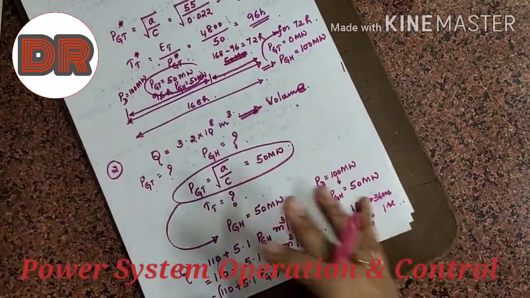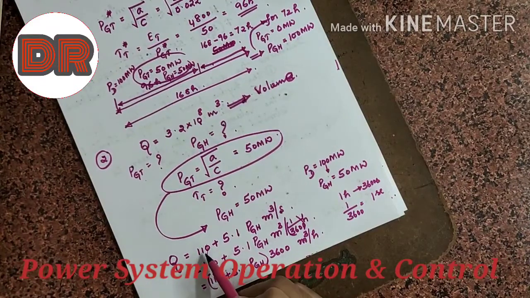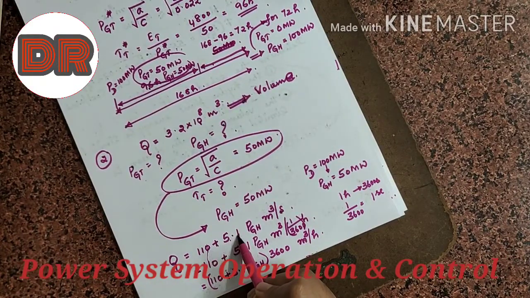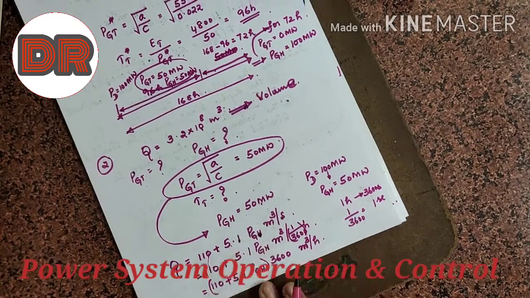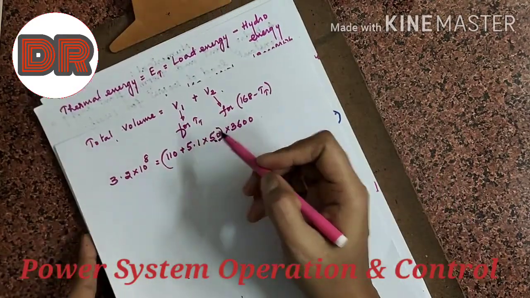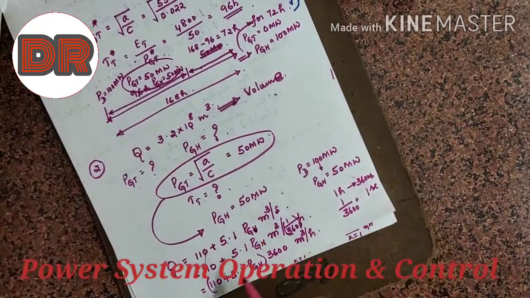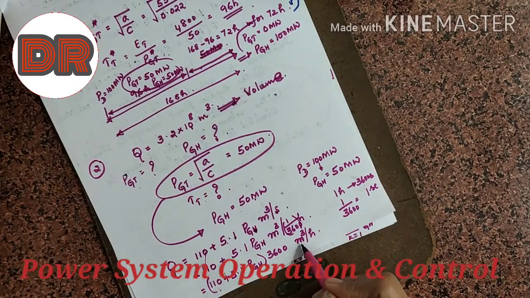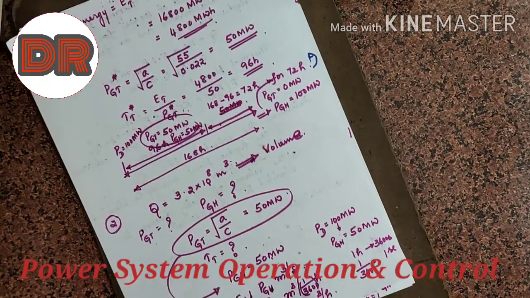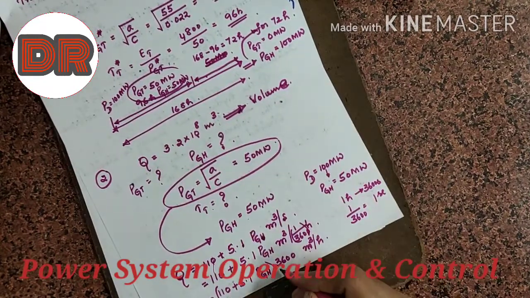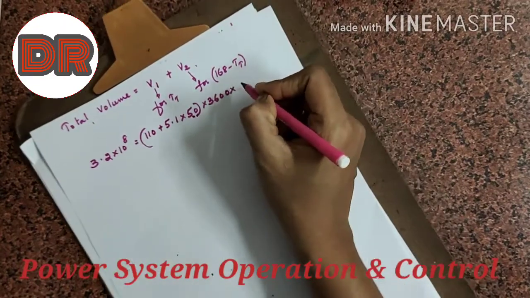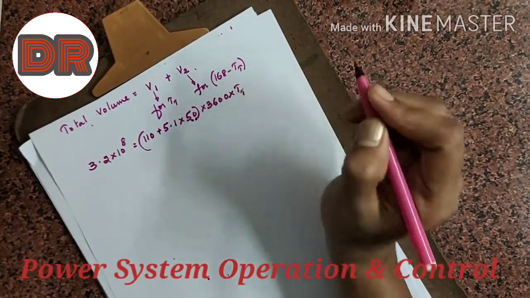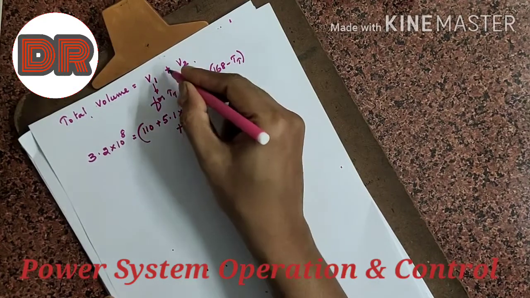Because in this equation it is 110 plus 5.1 PGH. So for TT hours, PGH is 50 megawatt. So I have written 50 here into 3600. This equation we have converted into meter cube per hour. Into hours, I'll be getting meter cube. So into what is the number of hours? It is TT. Okay. Now plus V2.